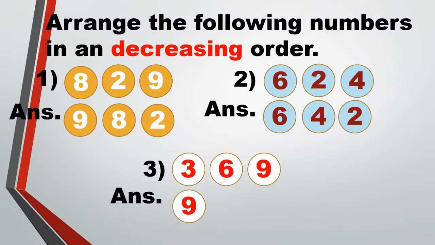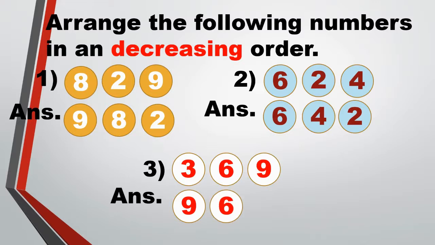What is the number that comes just before 9? 3 or 6? 3 is the smallest number here. So which number will come? Yes, 6. 6 will come.